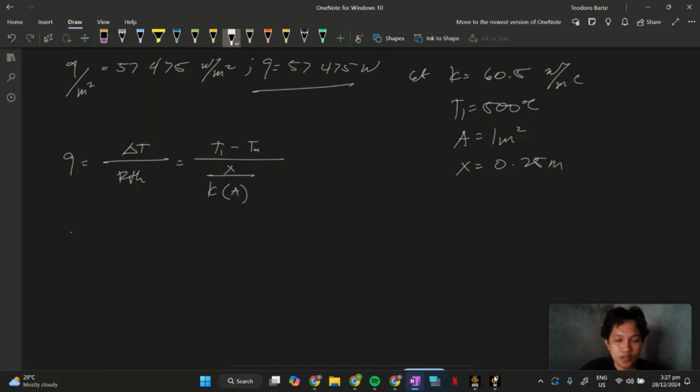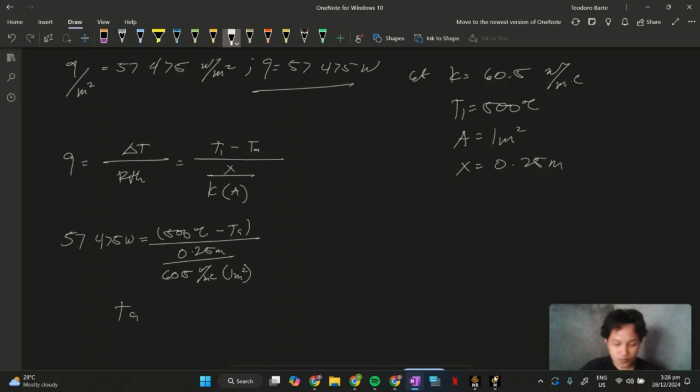I'm just going to plug in the numbers. 57,475 watts is equal to 500 degrees minus T_A, over 0.25 meter over K, 60.5 watts per meter degree Celsius and 1 meter squared.